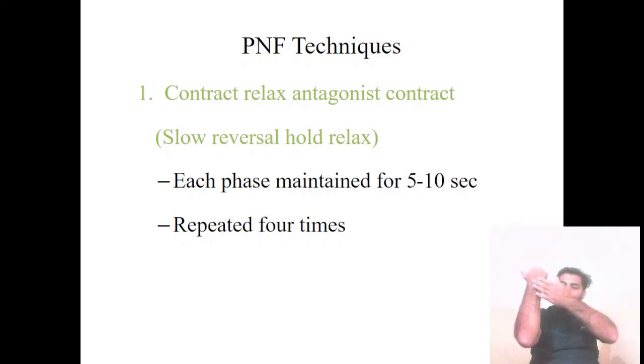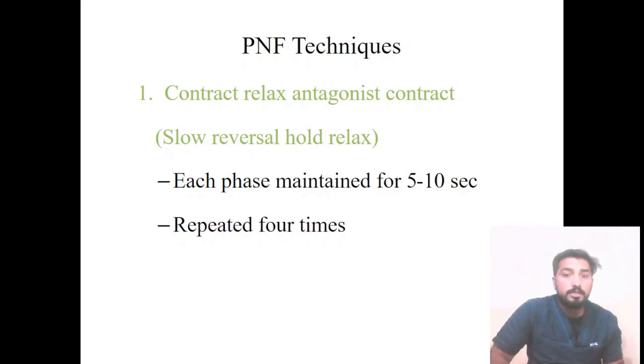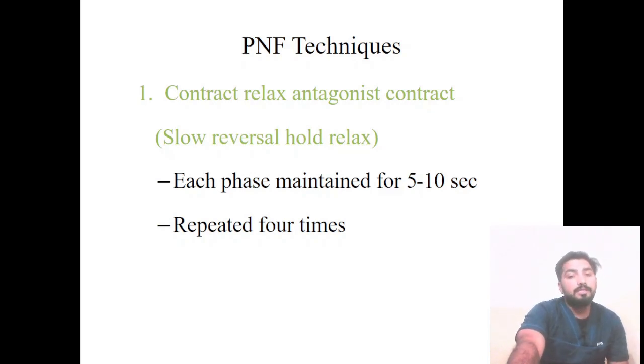What we do first, at the end range, we give resistance to this muscle, then we relax and the gained range is obtained, and then the antagonist muscle, the opposite muscle, is contracted. This is also known as the slow reversal hold relax. Each phase is maintained for 5 to 10 seconds and repeated up to 4 times to get better results.